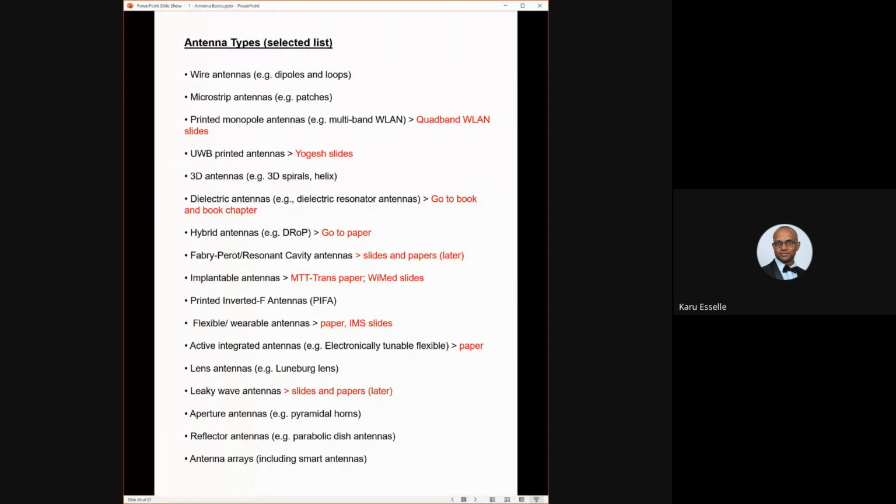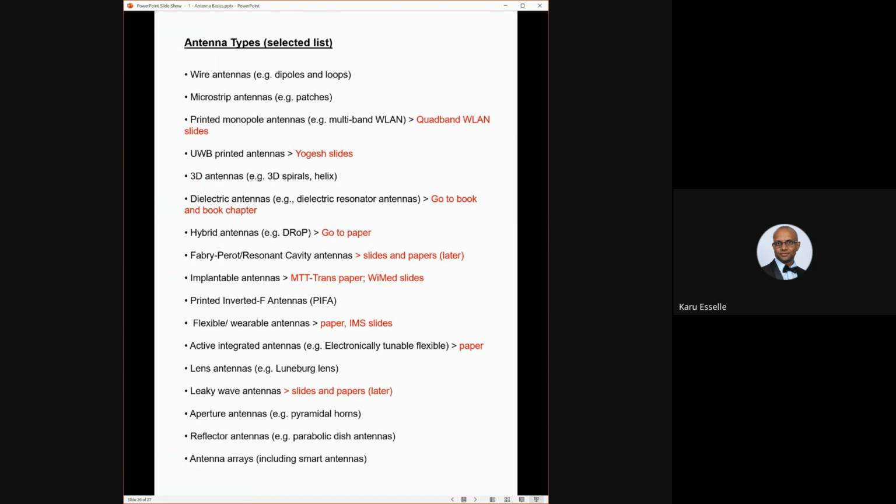So I think it's time to get the next break, right? When we come back, this is what we are going to do. What we have done now is very, very basic antennas. Now in the next lecture, we will dig into more details about specific types of antennas. These are not all the types of antennas.